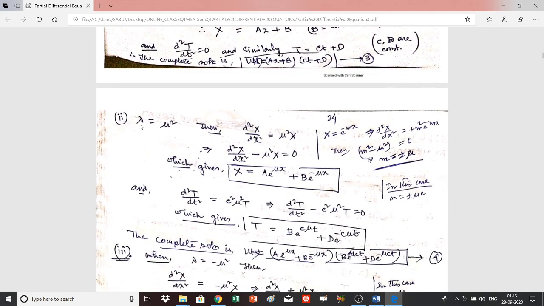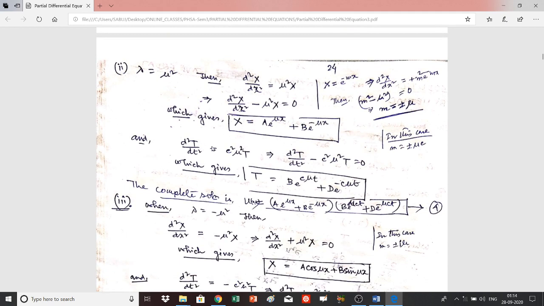Now if you consider that lambda is equal to mu square, then you can obtain the ordinary equation d²X/dx² = mu² X, and from here, by the process to solve this equation, m has to be plus or minus mu. This will give you the solution X = a e^(mu x) + b e^(-mu x).